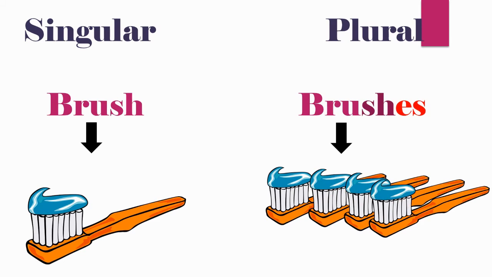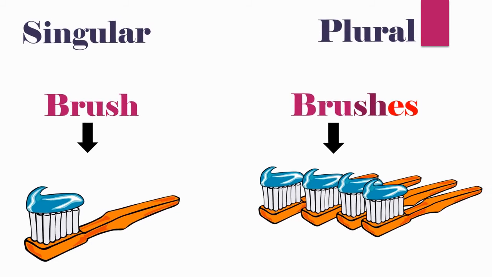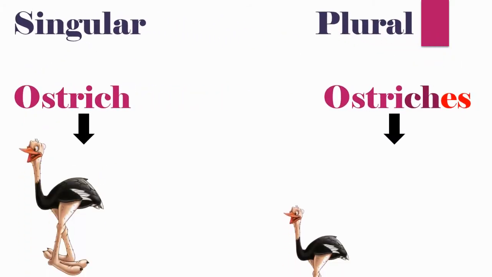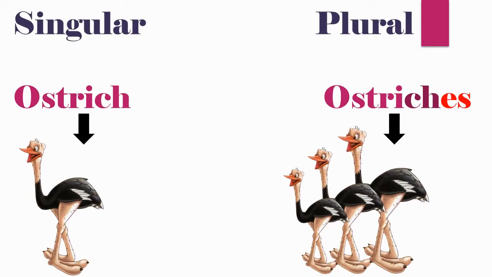Next example is brush, brushes. The singular noun ends with sh and es is added to the word to make it into plural form. So it becomes brushes. Next example is ostrich, ostriches. The singular noun ends with ch and es is added to the word to make it into plural form.